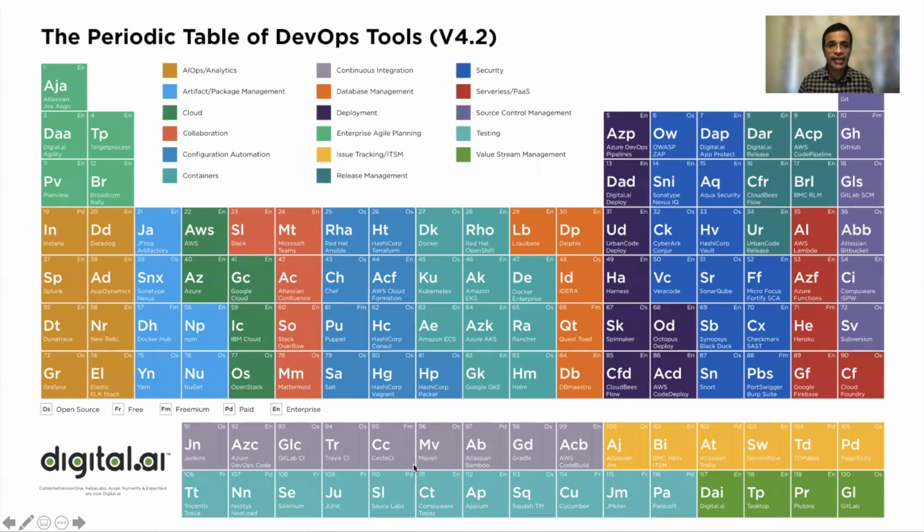One way of finding what tools to apply, and there are plenty of tools available, is this periodic table prepared by Digital.ai. Thanks to them, it really helps you visualize how many types of software, tools or technologies are available supporting DevOps.